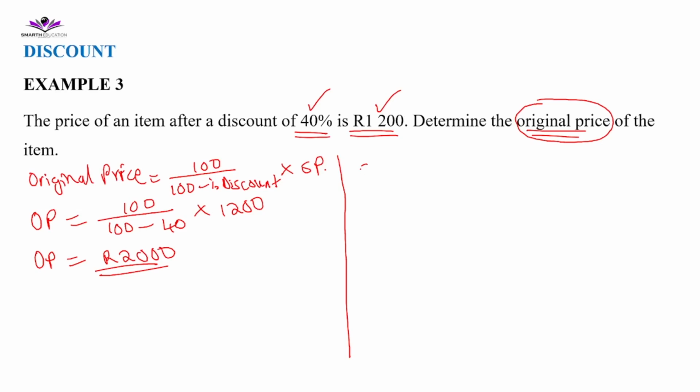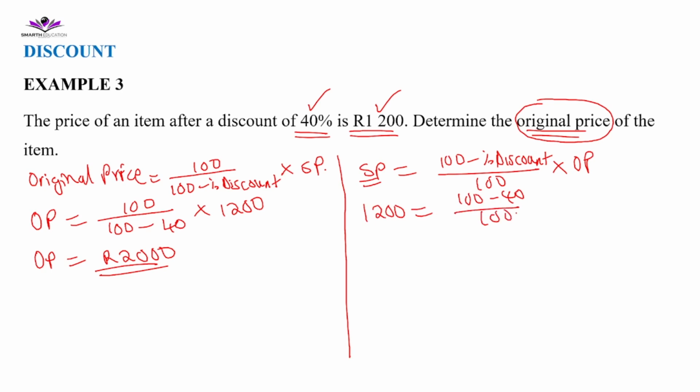Okay, you do that. Or we can start with this. We know that selling price is equal to (100 minus percentage discount) over 100 times the original price. Right, we have the selling price, which is 1,200. So 1,200 is equal to (100 minus 40) over 100 times original price, which is 1,200 is equal to 60 over 100 times original price.